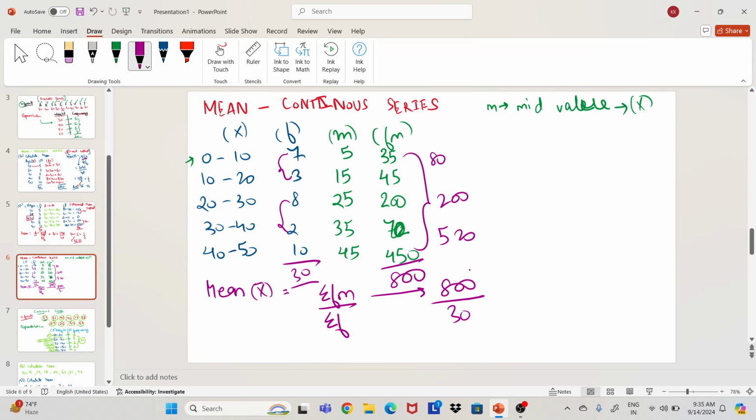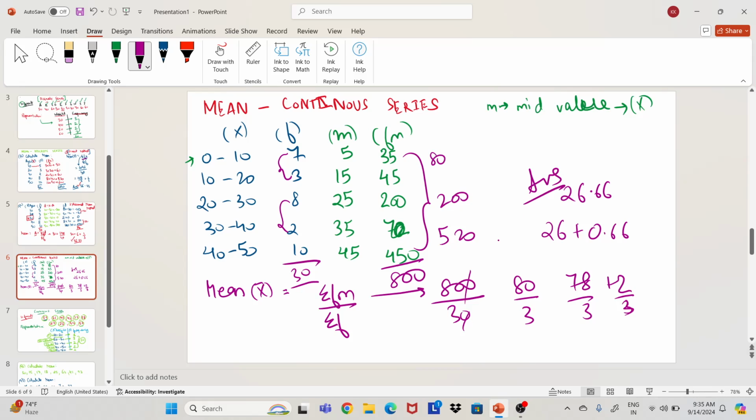So 800 divided by 30, the 0 gets cancelled out, that is 80 by 3, which you can expand as 78 by 3 and 2 by 3. So 3 26s are 78, 26 plus 2 by 3 is 0.66. So this is 26.66, the answer for this question.